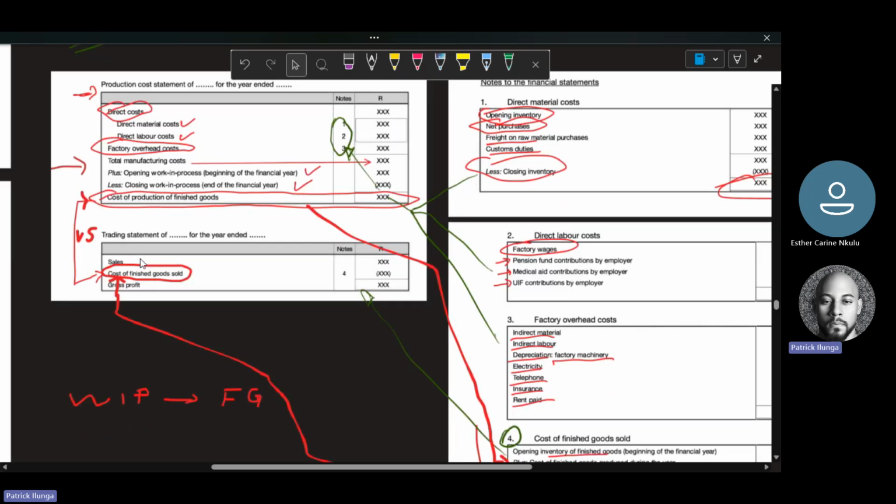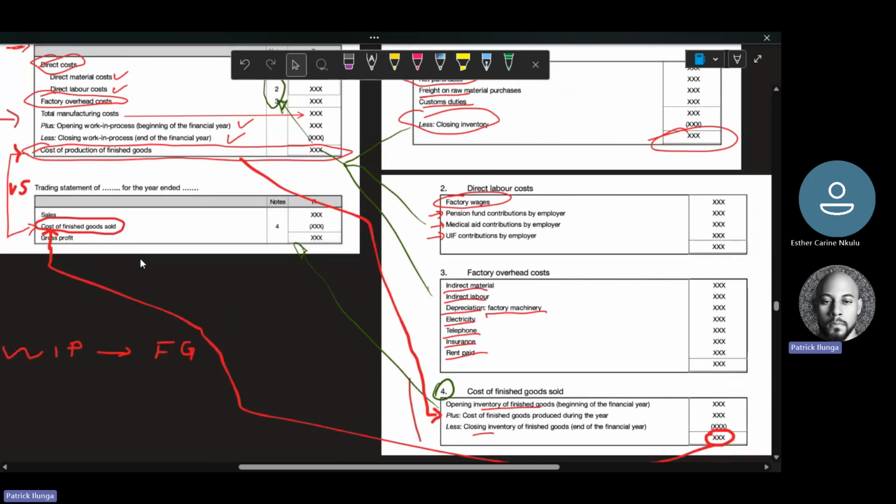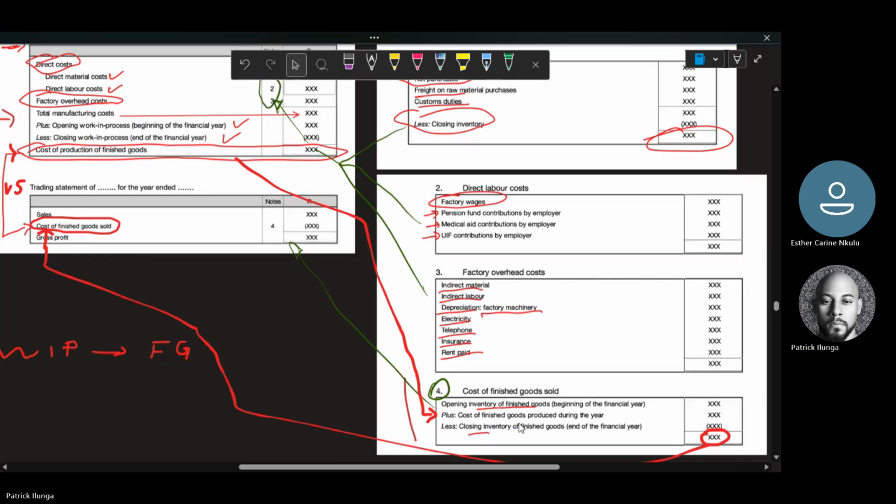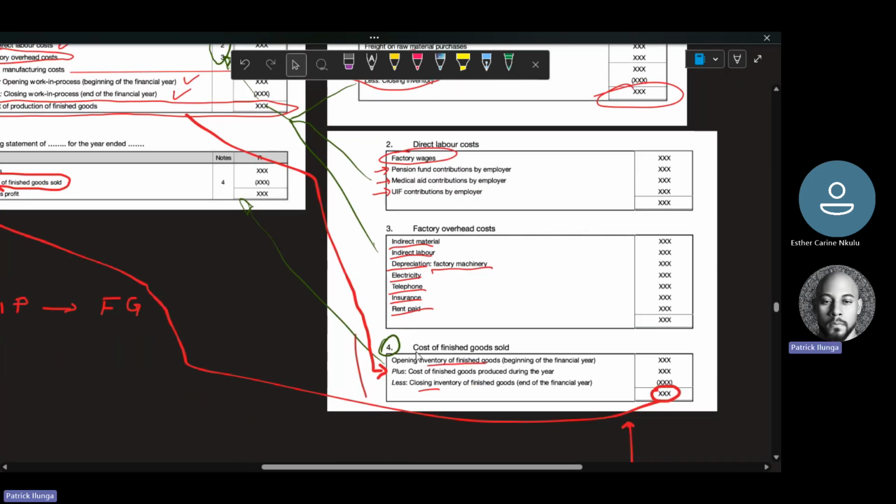The only thing I want you to do, this learning unit is very simple, is make the difference between cost of production of finished goods, where we produce goods, and cost of goods sold. These two are not the same thing.